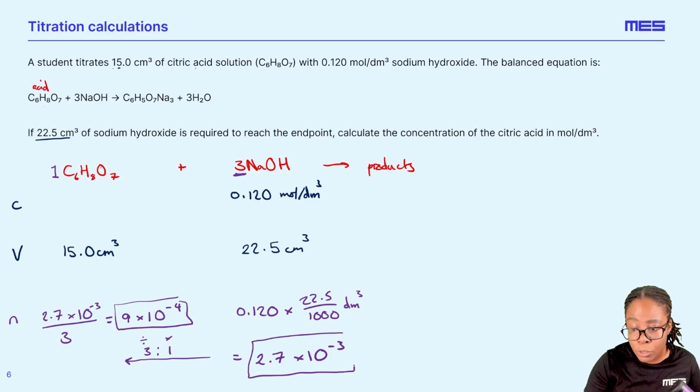Okay. Now I've got the number of moles of my acid. I can use the volume to calculate the concentration, remembering that concentration is moles over volume. So that's going to be 9 times 10 to the minus 4 divided by the volume in decimeters cubed, so divided by 1,000.